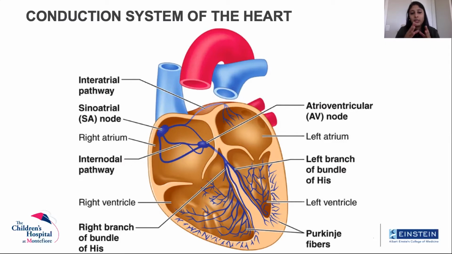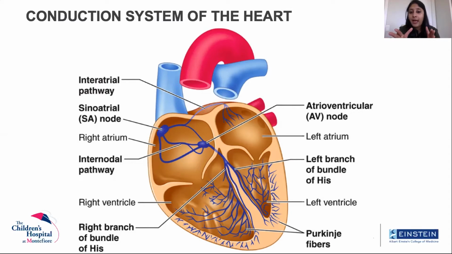The sinoatrial node, once it triggers a heartbeat or a conduction, it travels down the upper chambers of the heart and then slowly gets spread to the two lower chambers of the heart, by what we call the two bundles. So one is a right side bundle, one is a left side bundle, and both those bundles go to different parts of the ventricle, the two lower chambers or the pumping chambers of the heart, and force the heart to squeeze in a very symmetric fashion.